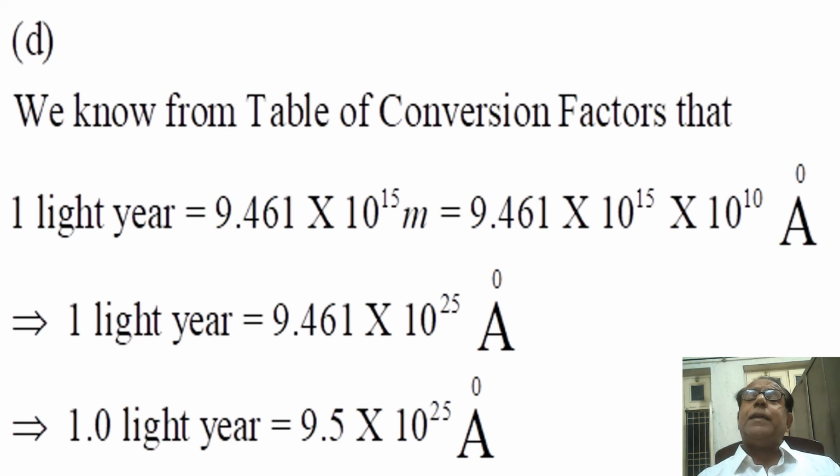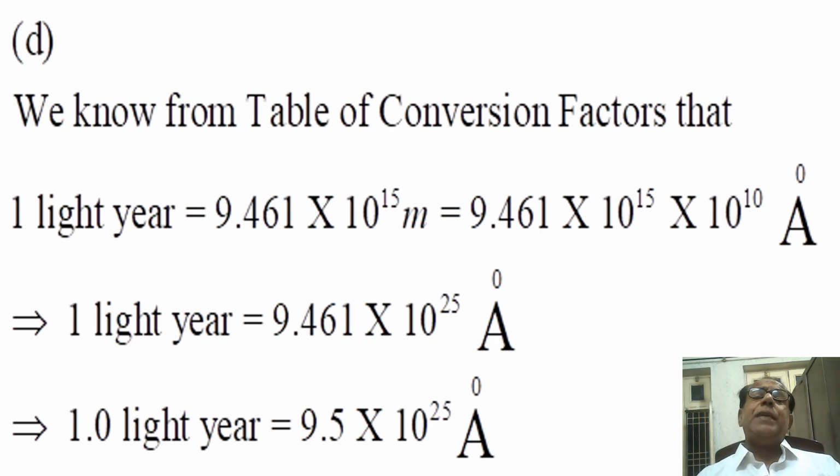What we have done here is simply put the value of meter in terms of angstrom. This implies that 1 light year is equal to 9.461 into 10 raised to the power 25 angstrom. This implies that 1.0 light year is equal to 9.5 into 10 raised to the power 25 angstrom.